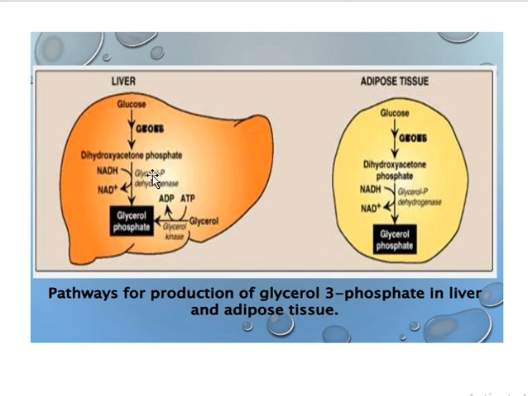This diagram shows the synthesis of glycerol 3-phosphate in the liver and adipose tissues. From the diagram, it is clear that both pathways of synthesis of glycerol 3-phosphate, either from glycerol with the action of glycerol kinase or from dihydroxyacetone phosphate with the action of glycerol 3-phosphate dehydrogenase, are present in the liver, while in adipose tissue only a single pathway is present, that is from dihydroxyacetone phosphate.